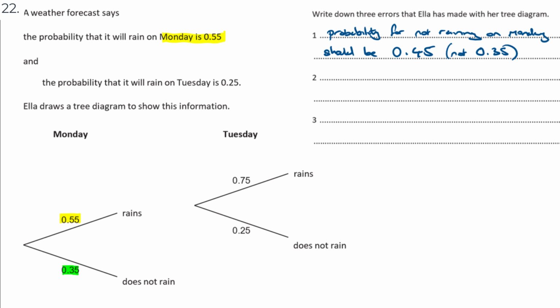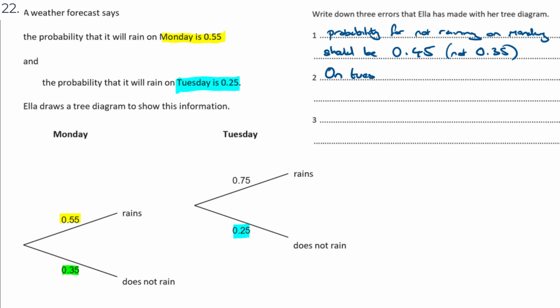The probability that it rains on Tuesday is 0.25. So the probability that it will rain on Tuesday, well, she's got that the wrong way around, hasn't she? She's written it here, so she's got that the wrong way around. So she's written the probability of it not raining as 0.25. So that's my second.